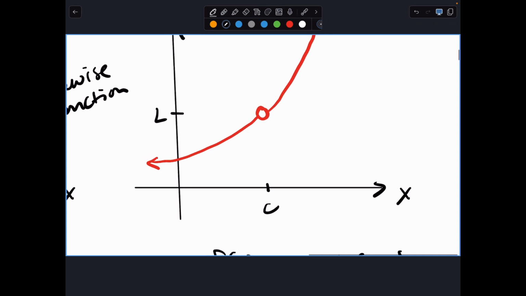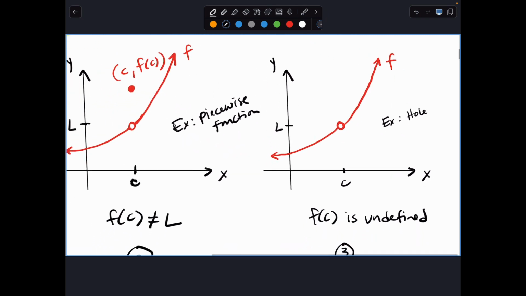A hole. If there's a hole in the graph, as x approaches c, the function values are still trending towards L. So we would say that the limit exists even though the function is undefined at x equals c.